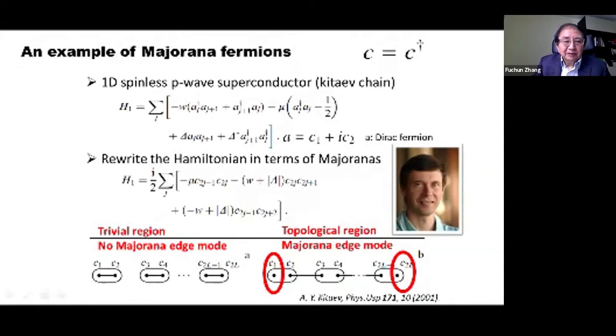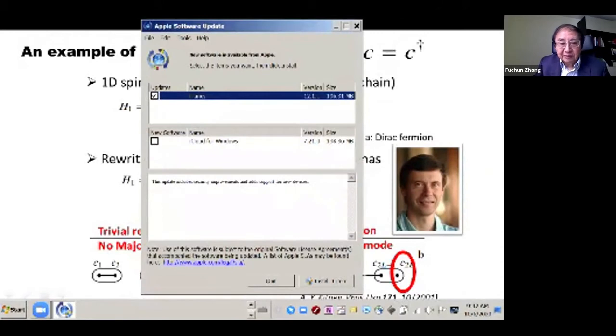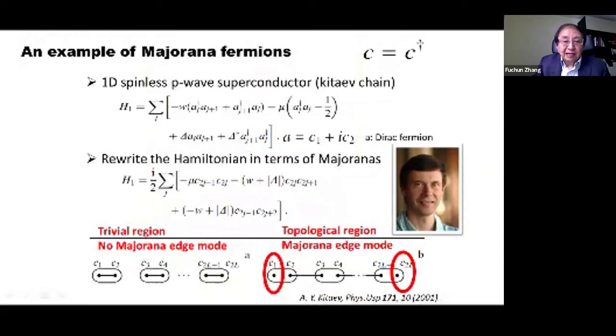That can be carried out by rewriting the Dirac fermion A as two Majorana fermions, C1 and C2, as illustrated in my previous slides. After this, we find the Hamiltonian can be written in terms of Majorana fermions.